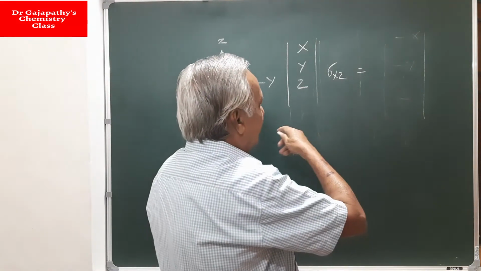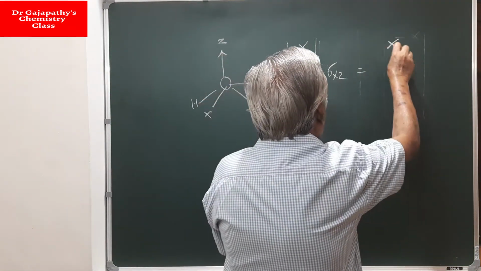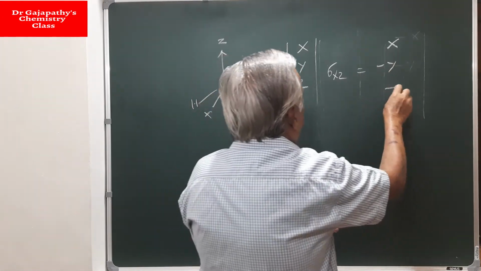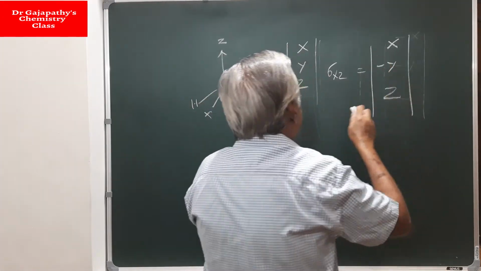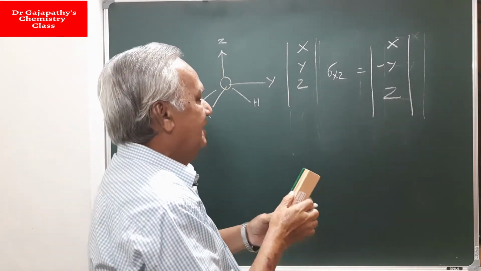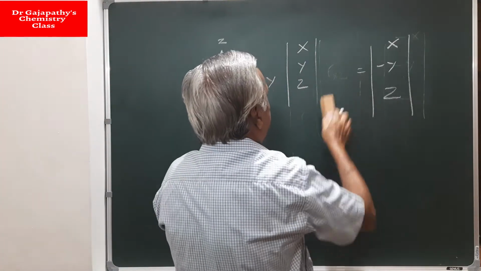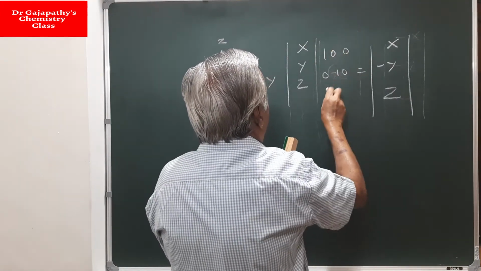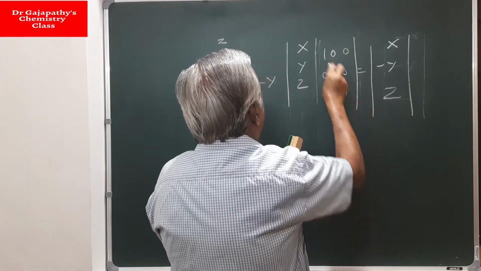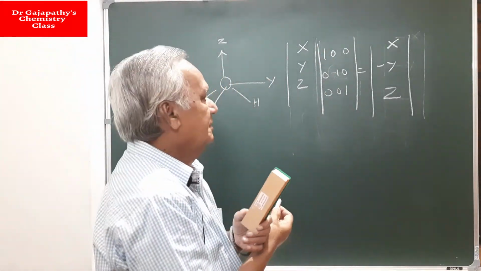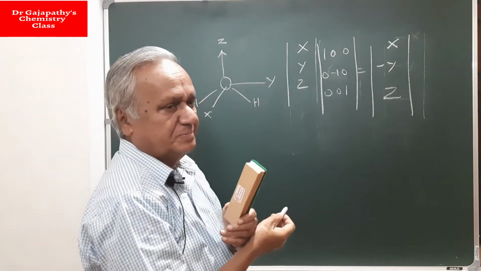So my final coordinates will be x itself, minus y, and z itself. So the matrix for sigma xz is 1 0 0, 0 minus 1 0, 0 0 1. This is the transformation matrix for sigma xz.